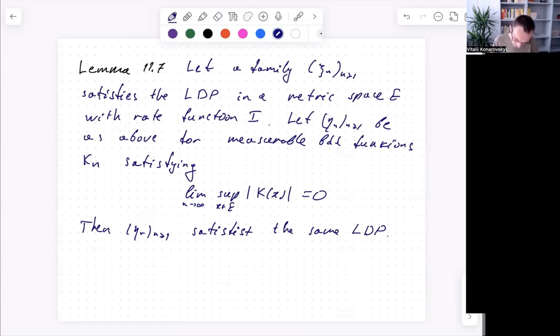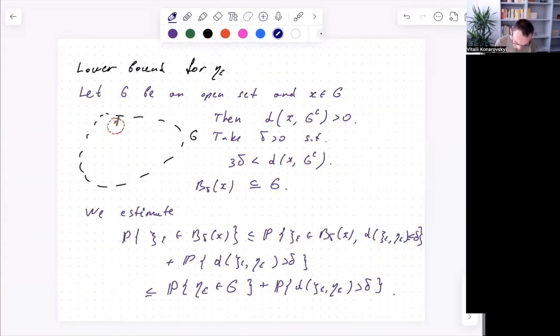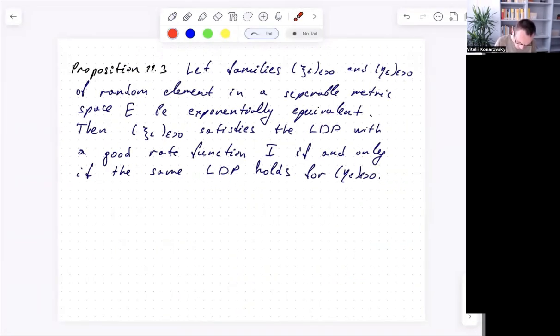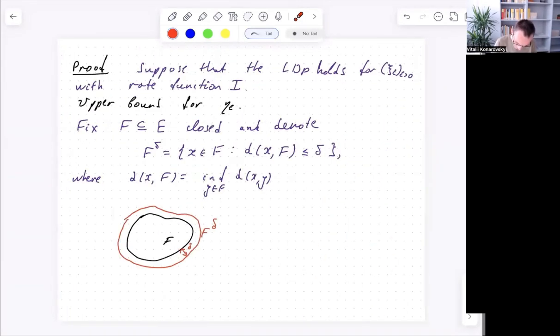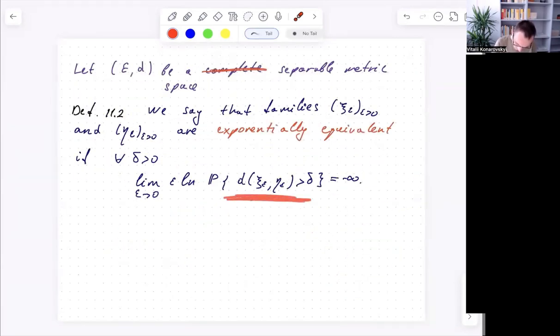And now here we will not use the exponential equivalence, because for the exponential equivalence you need to have random variables defined on the same probability space, and for those random variables you need to be able to say something about the probability of the distance between them.